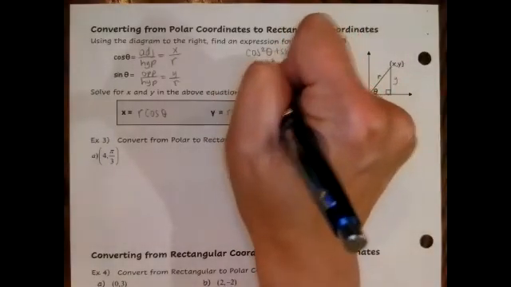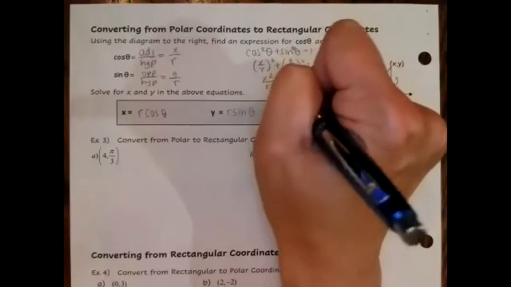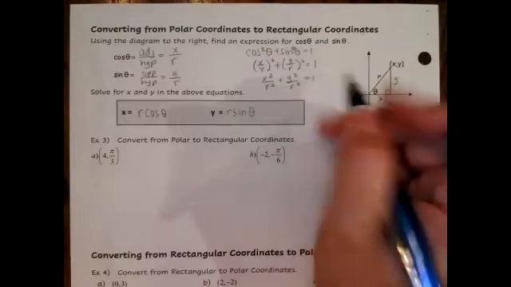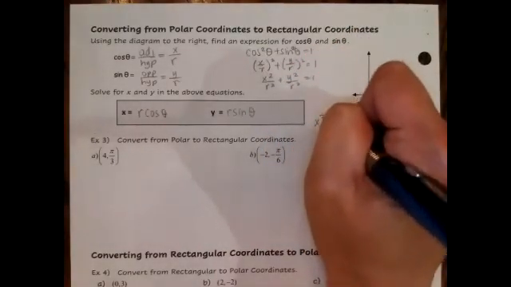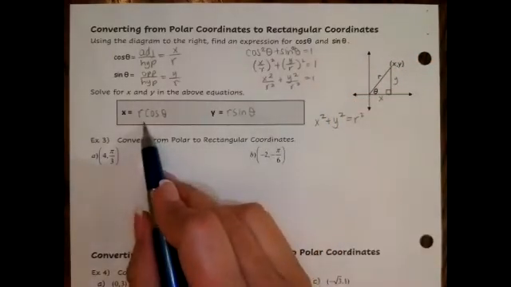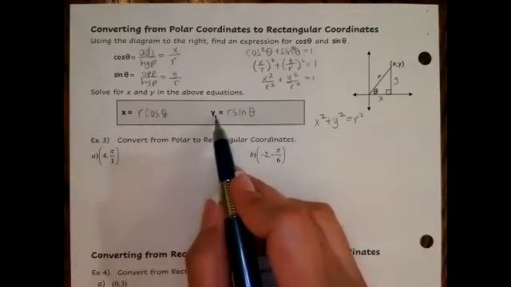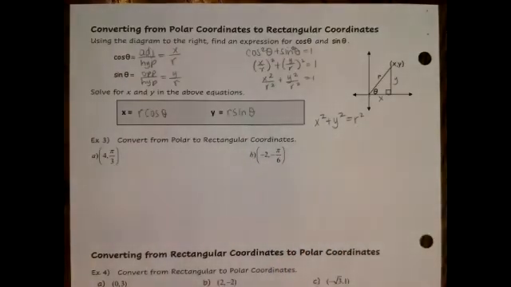And if I simplify that further, that would be x squared over r squared plus y squared over r squared is 1. And I can multiply this whole equation times r squared. So another good one to know is x squared plus y squared equals r squared. So we've got x is equal to r times cosine of theta, y is equal to r times sine of theta, and x squared plus y squared is r squared.